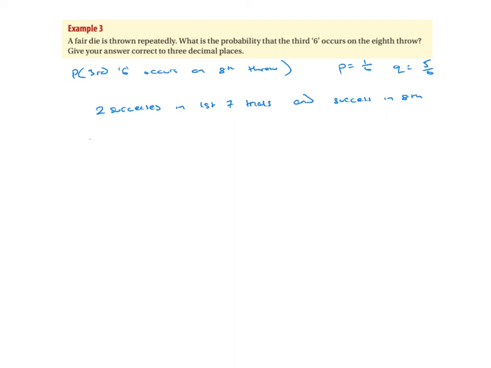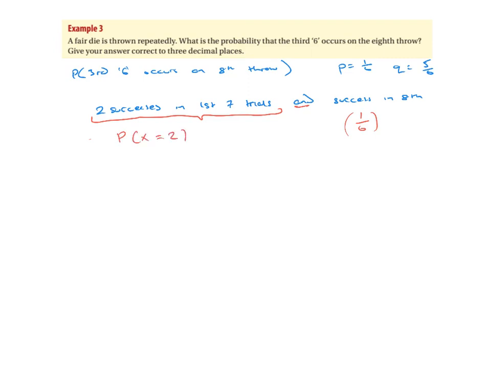So you can see here what's happening is this here is the binomial bit. This is the bit where we're using the Bernoulli. And success in the 8th, well, we've got an 'and' here, which means we're just going to multiply it by the success in the 8th, which is just 1/6. That was easy. So what we want here is the probability that x is equal to 2.